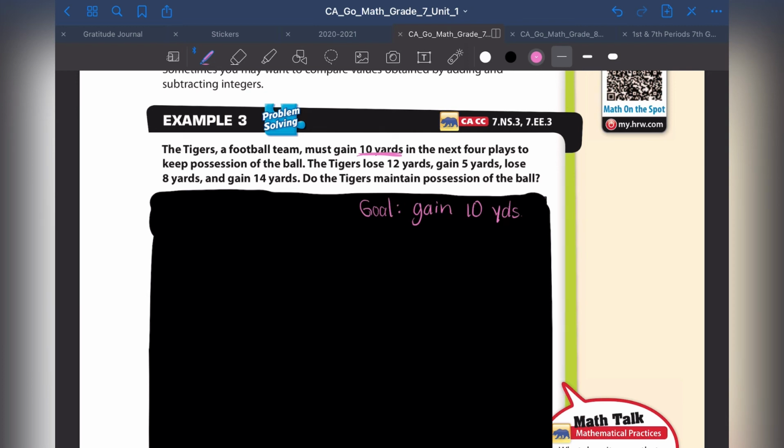Okay, so in the first play they lost 12 yards, so that's a negative number. And then they gained 5 yards, then they lost 8 yards, and gained 14 yards. The goal, right, that they must gain. This was the key word that lets me know that that was the goal.